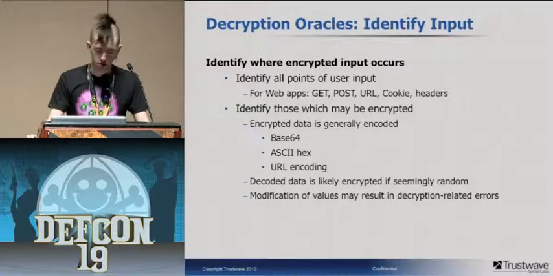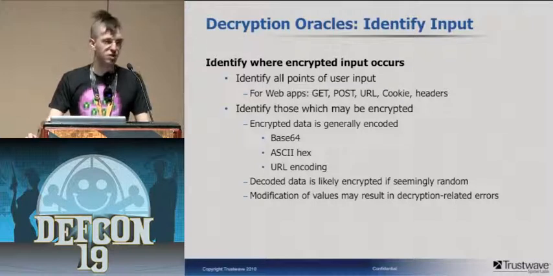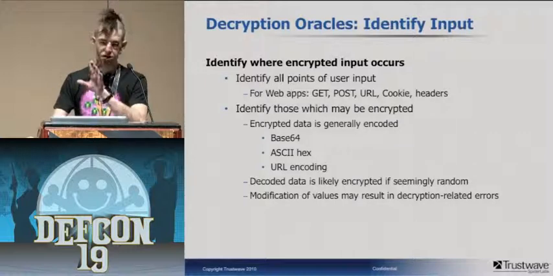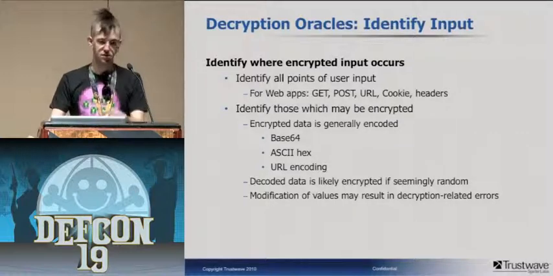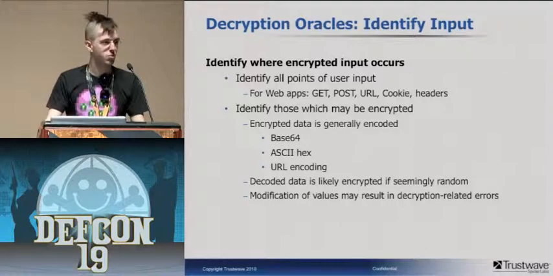So another thing that you can do is modify the values. Sometimes this will give you decryption related errors. The other thing is, if you modify a value in the middle of some piece of ciphertext, you might see resulting text on the response that is garbled beyond a certain point.